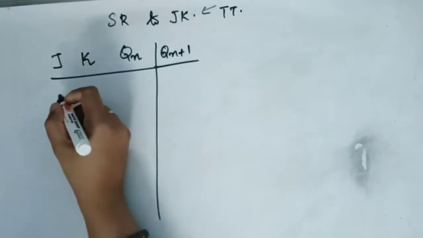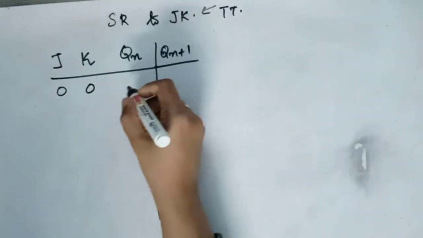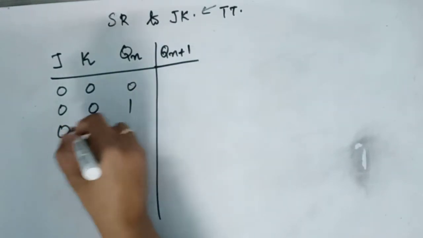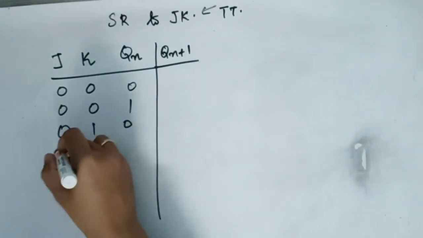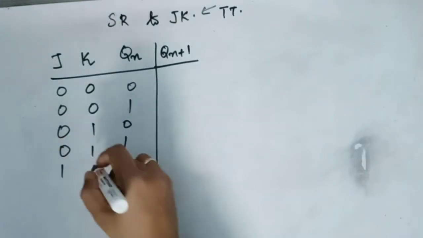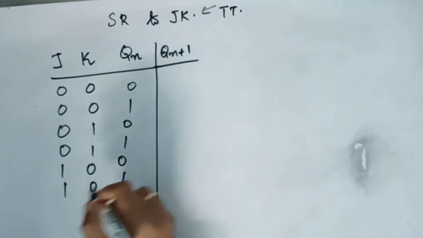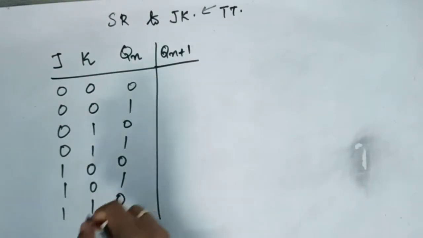So you will write first 0 1 0, 0 1 1, 1 0 0, 1 0 1, 1 1 0 and 1 1 1.